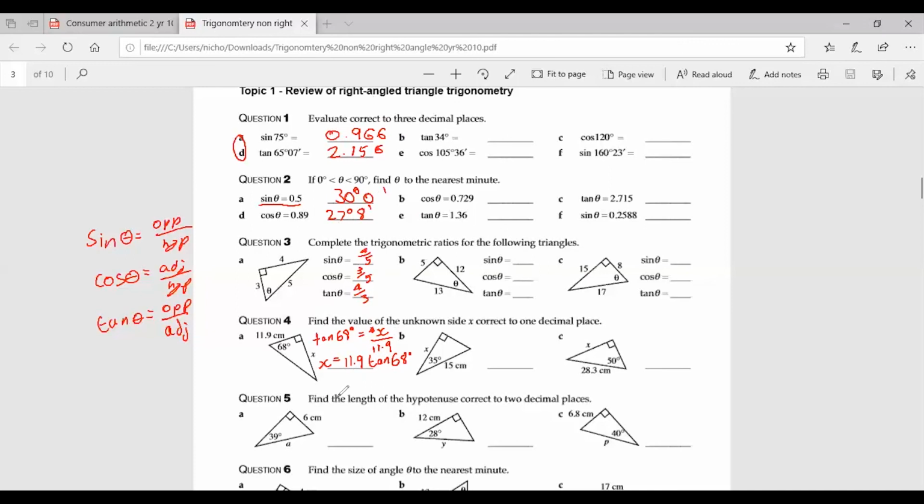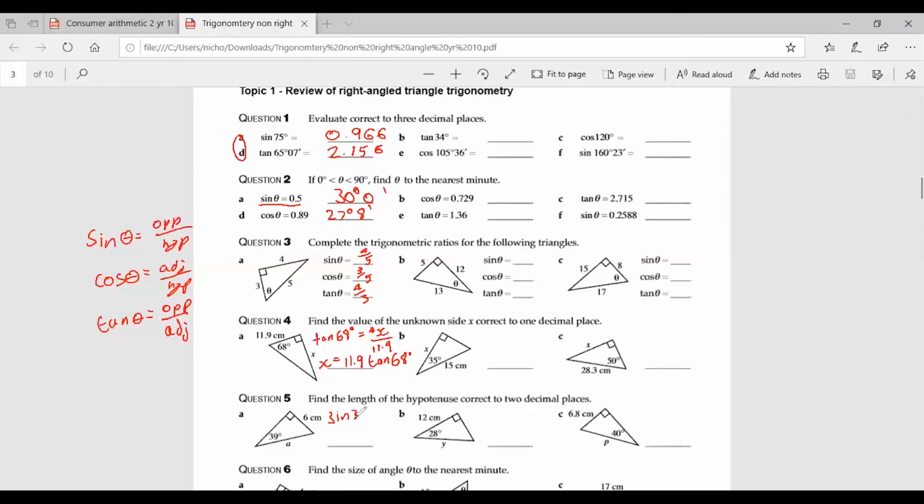So then with question 5, what ratio would we use here? Sine. Yeah, so we'd have to use sine. So what would we do here?